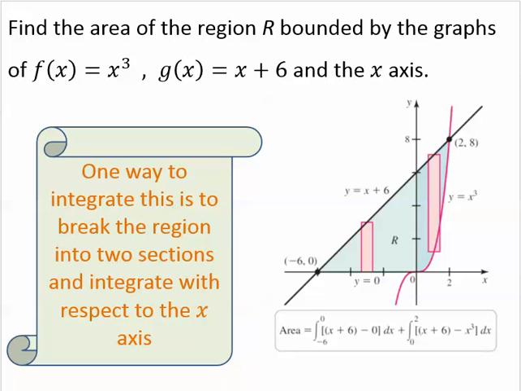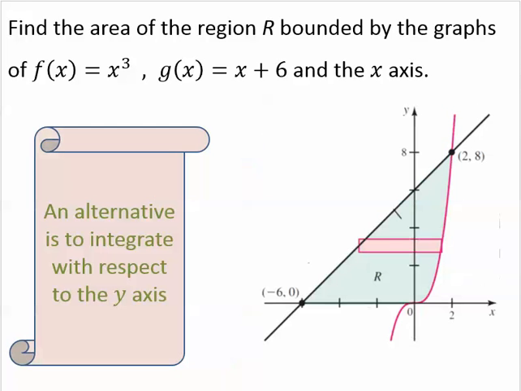So I would have one integration from -6 to 0 and another integration from 0 to 2. So I could do it that way. Not a big deal. But another way I could do it is I could integrate with respect to the y-axis, and then I would just have one integral to do because there's no differences. It's always right-hand side minus left-hand side.